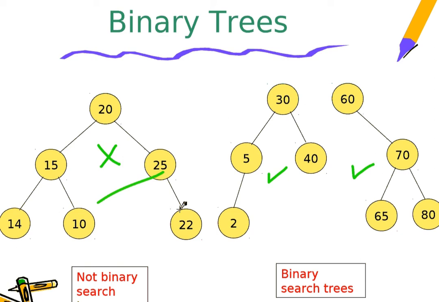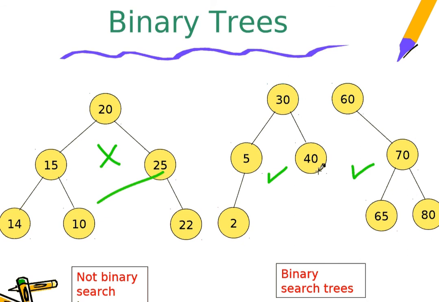At the same time, we can check the second example. You can see here it is a binary search tree. Why? Because 30 is the root, and the left subtree is less than 30, and the right subtree is greater. Now if you check the left subtree, 5 is the parent, then the left of it is less than it, and here it is following this properly.